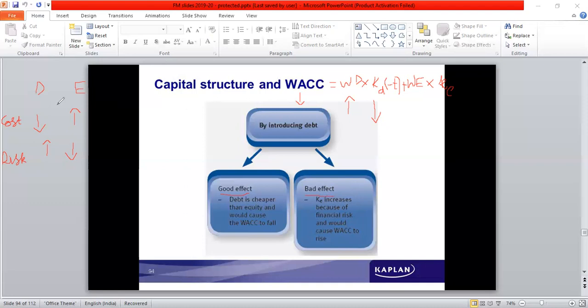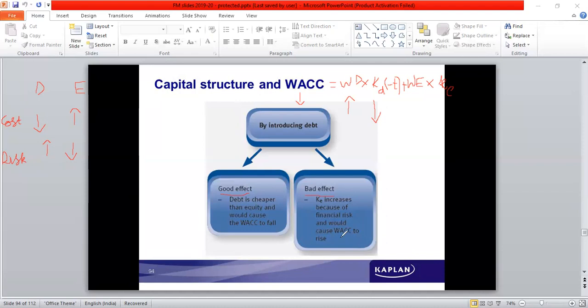The company is under an obligation to earn a higher return and pay a higher amount of dividend to the equity shareholders. It is not explicitly stated how much it would pay, but it is implicit in the scenario: because debt is employed, cost is coming down, but risk is increasing. Because risk is increasing, the equity shareholders' expectation increases, so the overall cost increases.